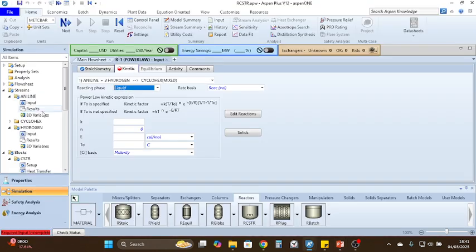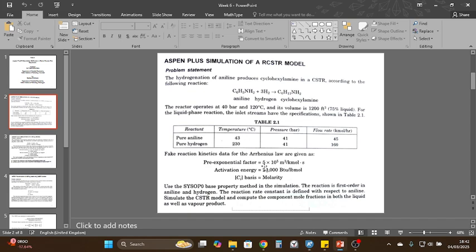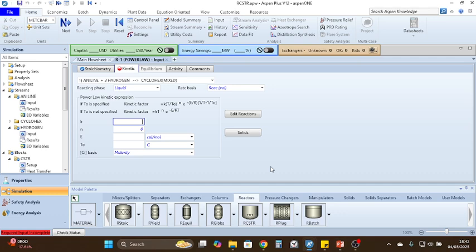Note that inside the reactor there will be two phases, but the reaction is taking place in the liquid phase only. Now the value of K. The value of K is given as 5 into 10 to the power 5. So 5 e to the power 5. So this is the value of K that is specified.